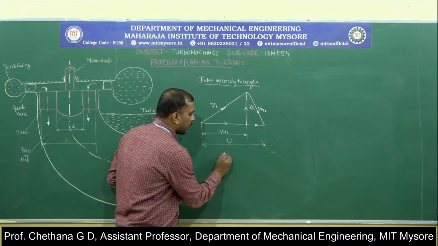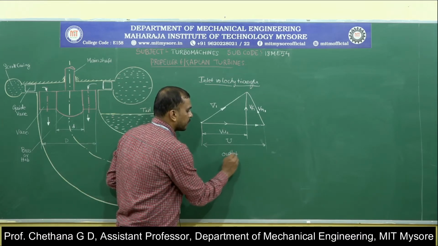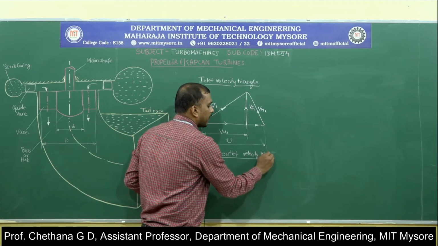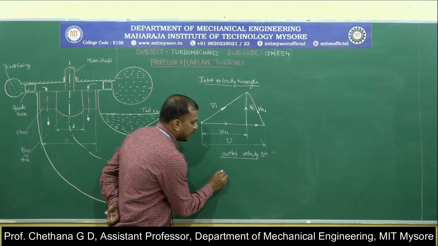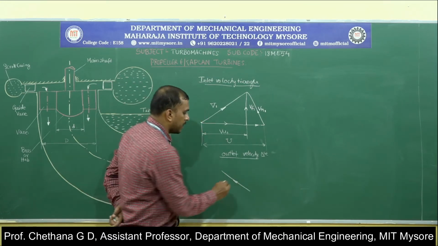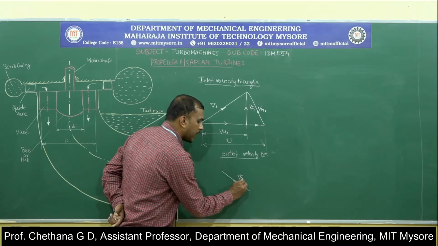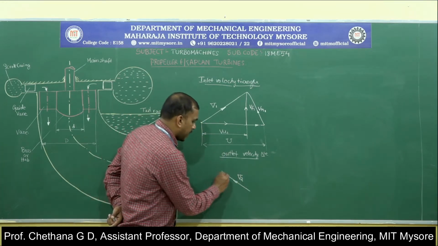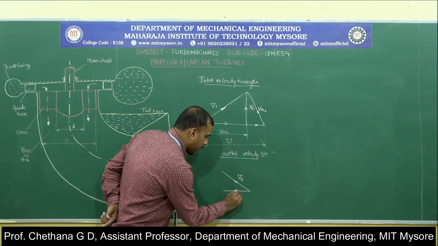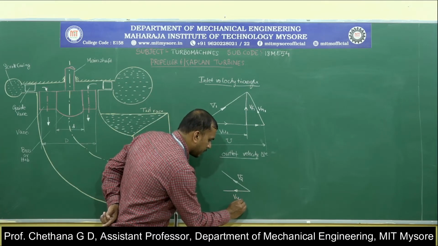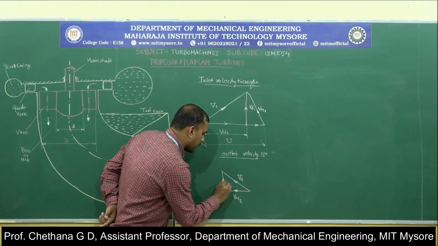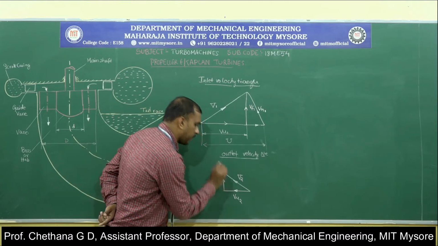Whereas in the outlet velocity triangle, now how did we write the outlet velocity triangle? We will first write the regular one, then we will try to convert it. Now this is the absolute velocity at the exit, then you have the horizontal component of this, which we called Vu2, then this is the vertical component of this, which we called Vf2.